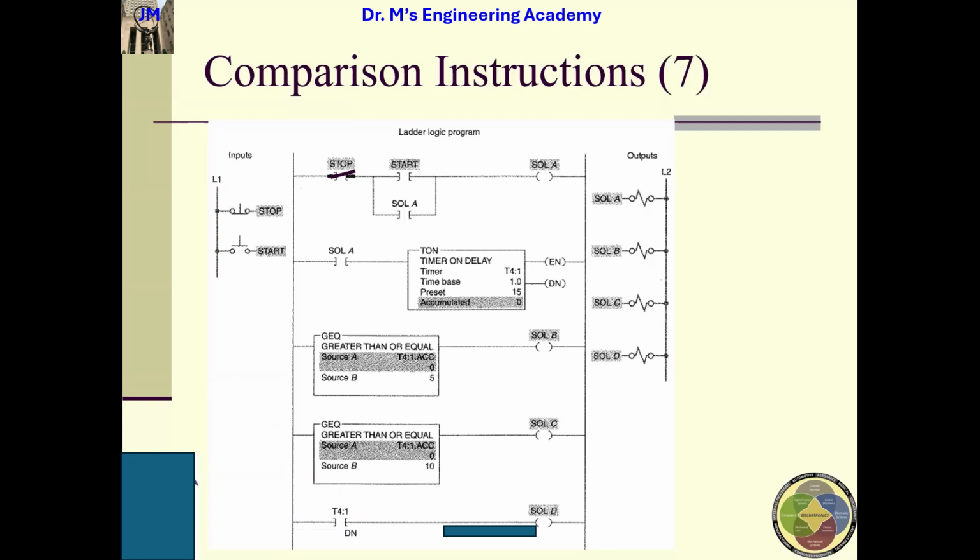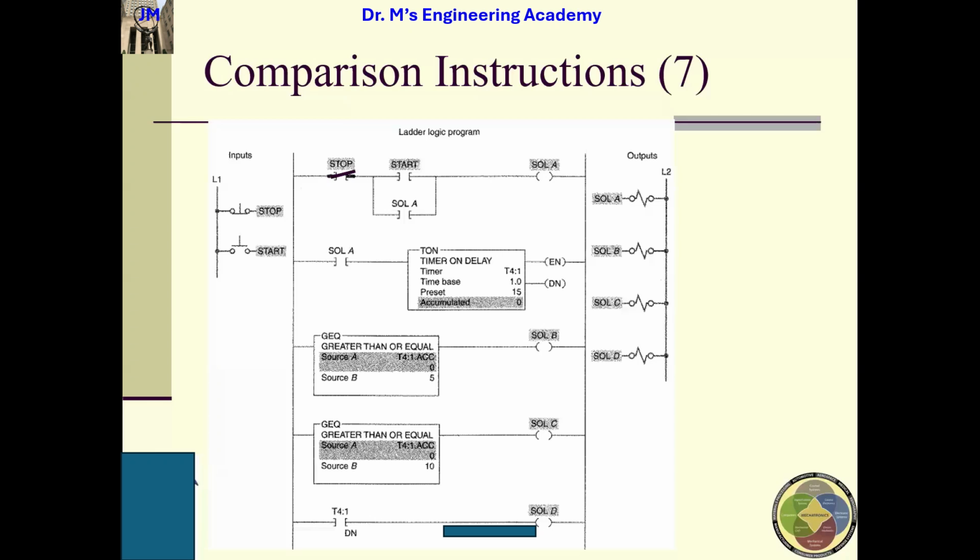This is the timer. For this second rung, we have the third rung. Next rung we have GEQ. Greater than or equal, source A is the timer one's ACC value. Source B is 5, the program constant 5.